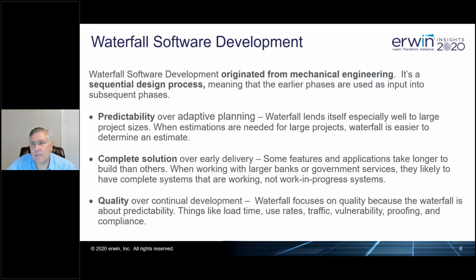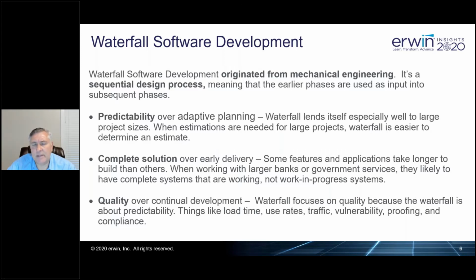Another aspect behind a waterfall development approach is quality. Waterfall focuses on quality because it has the predictability. You have a set of deliverables, you have a set expectation of a time frame, and you expect it to be at a certain quality standard, where we can look at it and say, well, we know how long the load times would be.